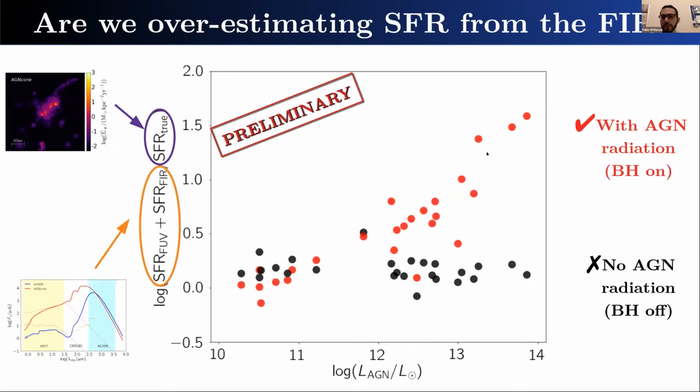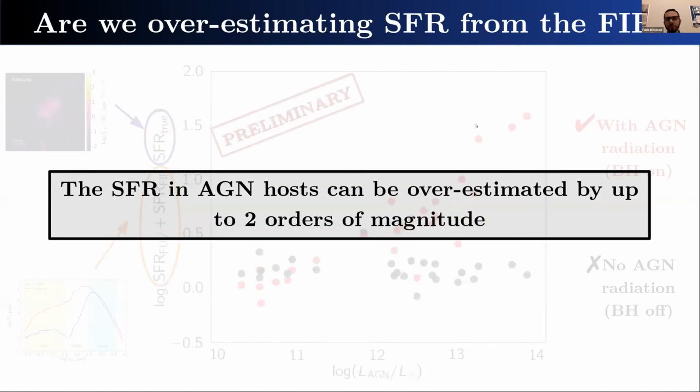This is quite evident for the most luminous AGN, already above 10 to the 13 solar luminosities. And this discrepancy can be up to almost 2 orders of magnitude. So from our calculations, we find that the star formation rate estimated in AGN hosts can actually be overestimated by up to 2 orders of magnitude.